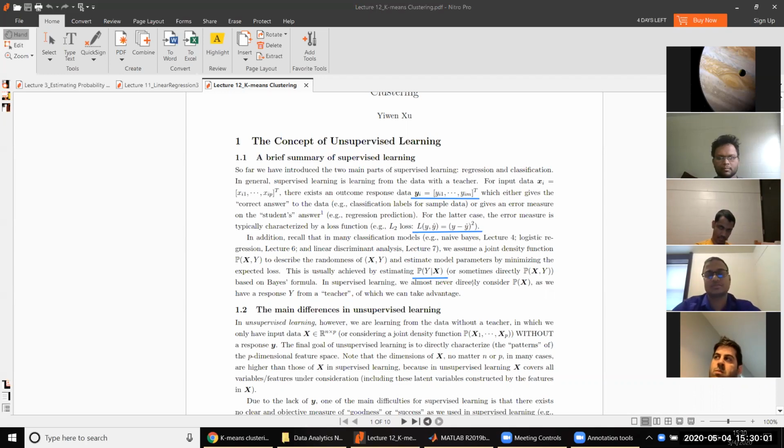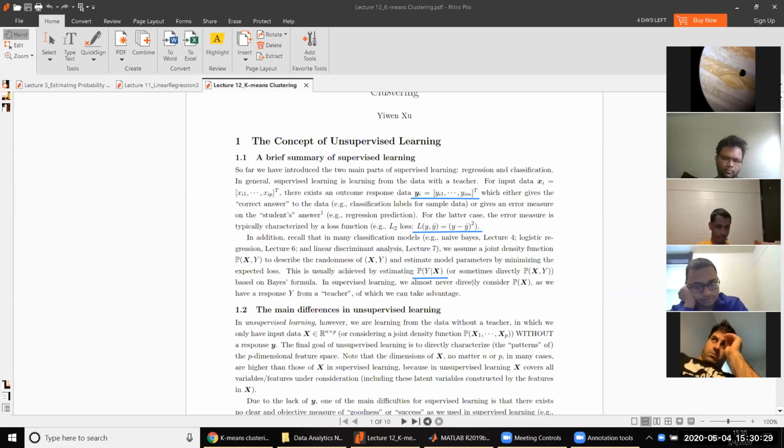Of course, you don't know this joint distribution, and you are more interested in the conditional density, which is, given the x, what is the y? Because in your future prediction, you will have another x, and then you're going to be asked what is the label of it, or what is the corresponding response of it in terms of regression, right? So you're more interested in P of y given x, this distribution.